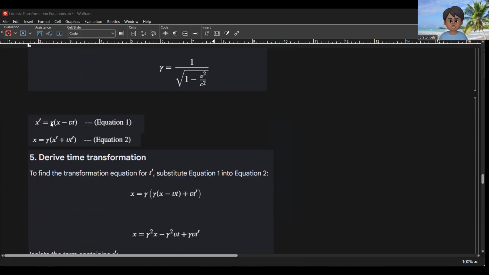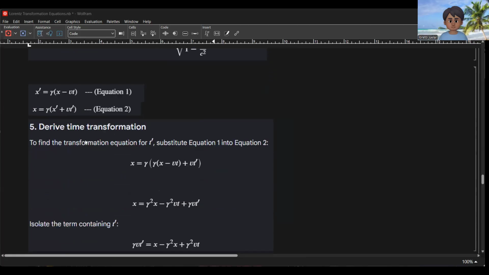So we go back to equation 1, x prime equal to Lorentz factor times x minus vt. And equation 2 here is x equal to Lorentz factor times x prime plus vt prime. So to find the transformation equation for t prime, substitute equation 1 into equation 2.